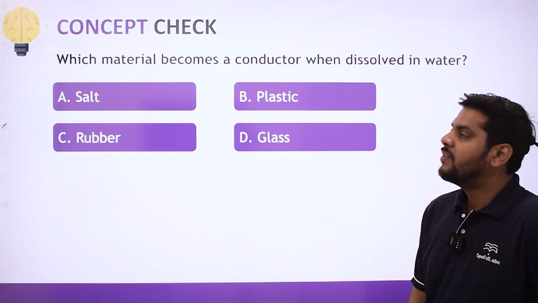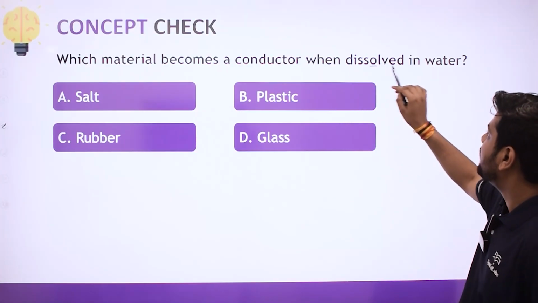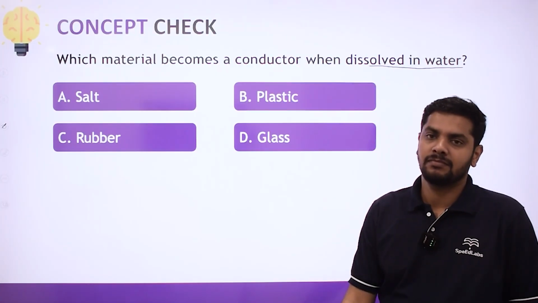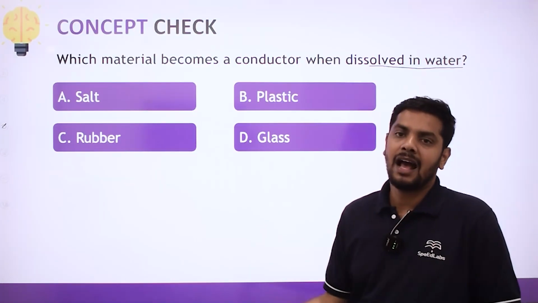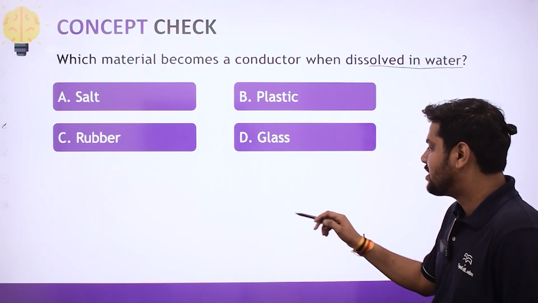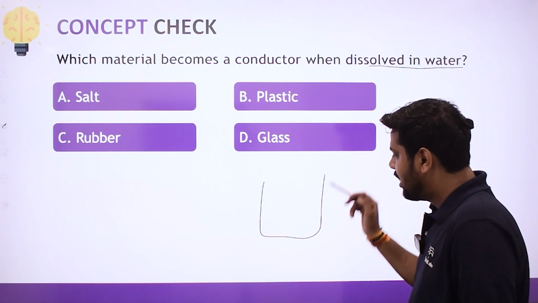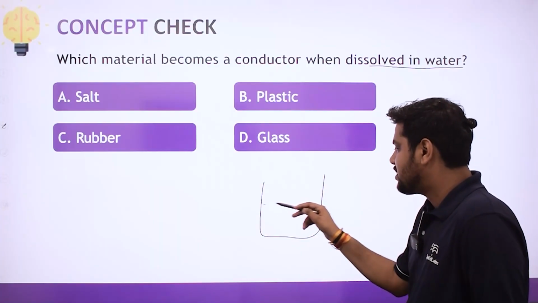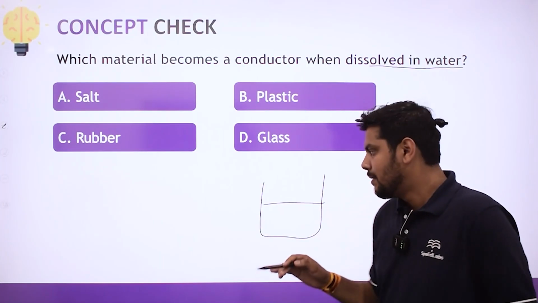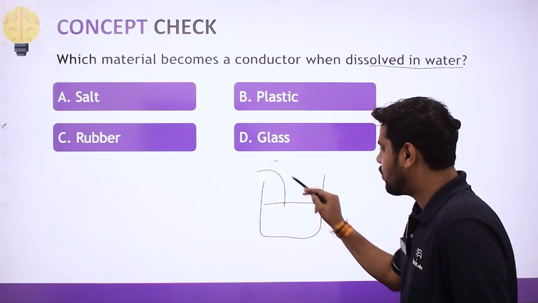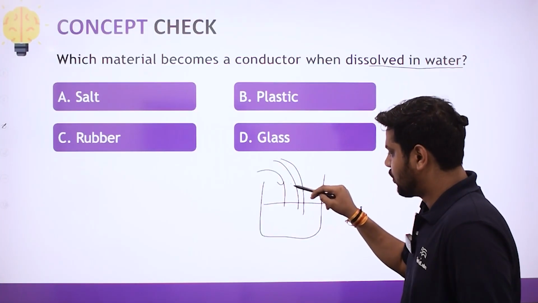Next question. Which material becomes a conductor when dissolved in water? Let's talk about it. Salt, plastic, rubber, glass. So as I have explained to you, let's suppose I have a beaker, and this beaker has some amount of salt. So it is not a conductor. But if I pour some amount of water in it, what will happen?